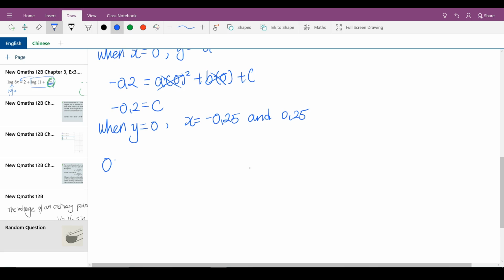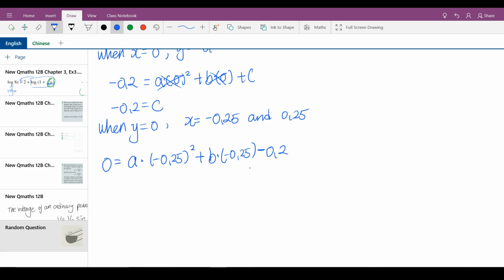The first one will be 0 equals a multiplied by negative 0.25 squared plus b multiplied by negative 0.25, and our c is negative 0.2, right? This is our first function, and the second one will be 0 equals a multiplied by 0.25 squared plus b multiplied by 0.25 minus 0.2.